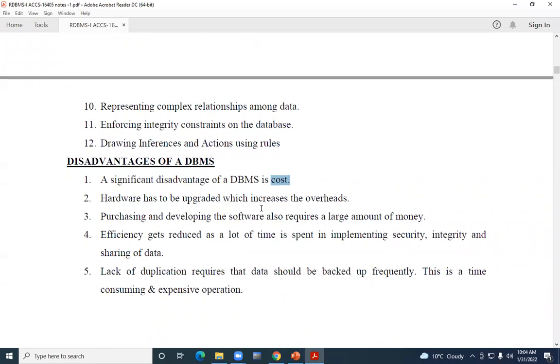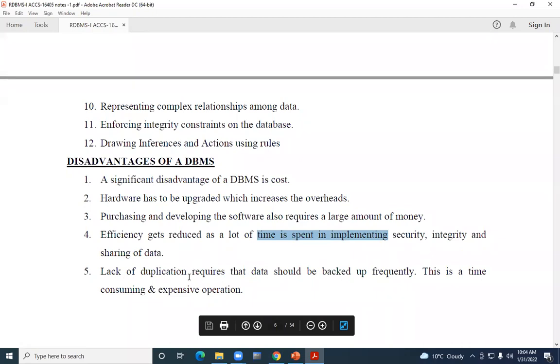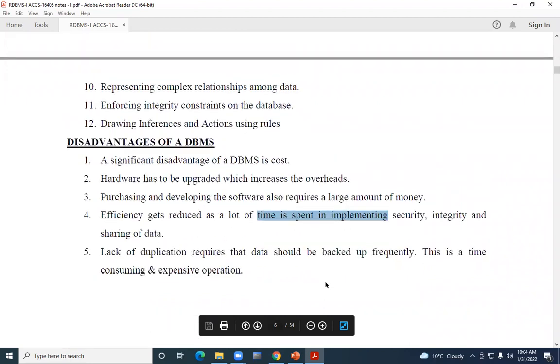Efficiency also gets reduced at times because a lot of time is spent in implementing security, integrity, and sharing of data. And if we go with lesser redundancy, then we need to back up the data frequently. So backing up of data is also an expensive operation. So this is regarding the disadvantages of a database management system.